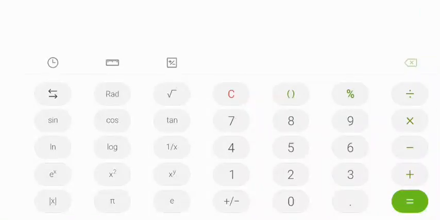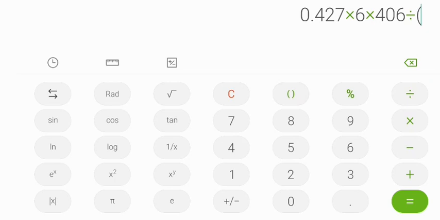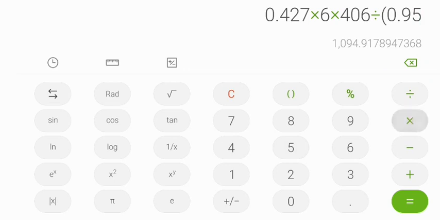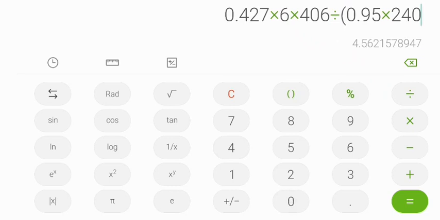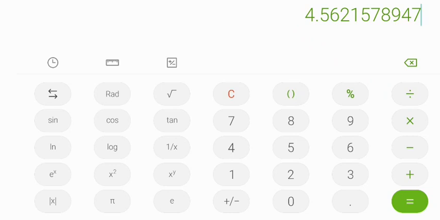Okay, so finally we will do the calculation for magnetizing current per phase, that is 0.427 into number of poles into AT60, that is 406, divided by KWS, that is 0.95, into TS, that is 240. Okay, so the answer is 4.56 amp.